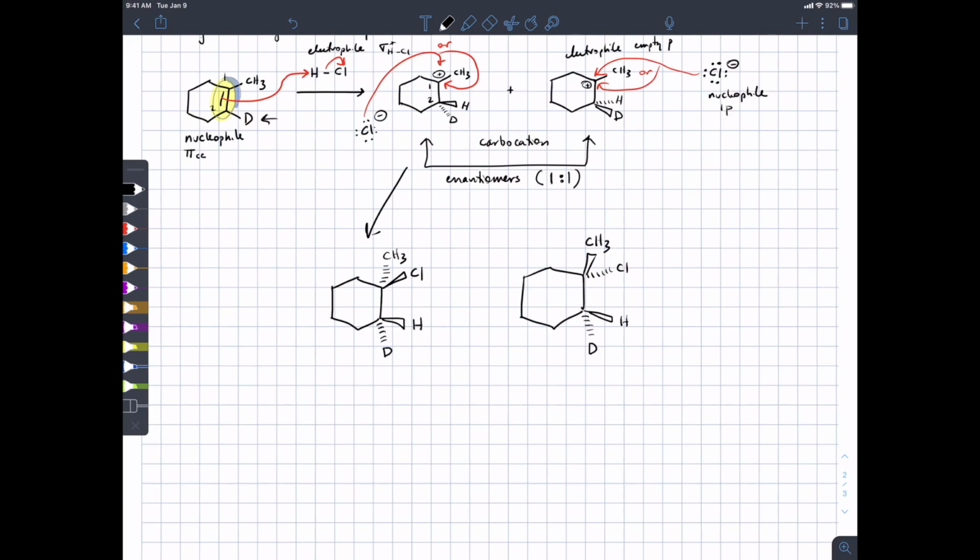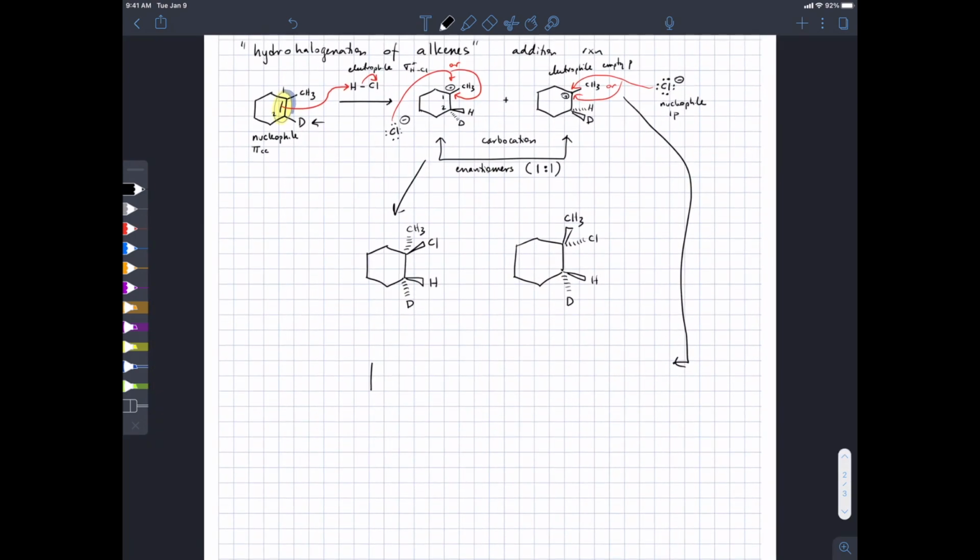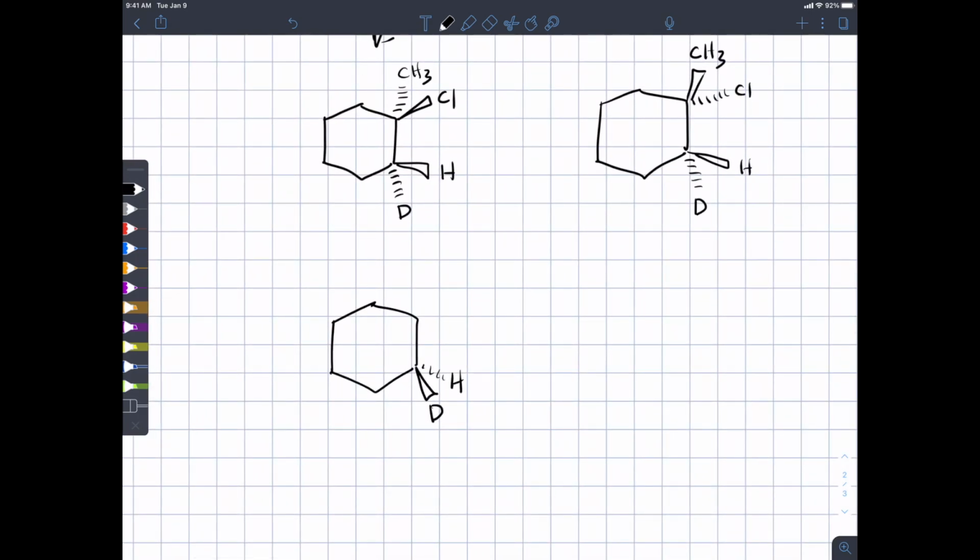Then from the other enantiomer, we could get another set of stereoisomers. In both of these, deuterium is up and hydrogen is down. Here, let's put chloro down and methyl up.